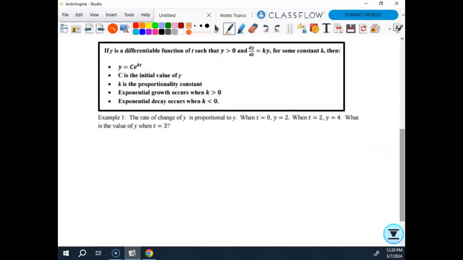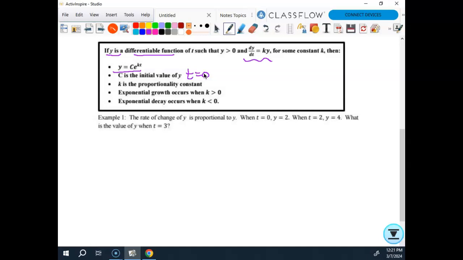If y is a differentiable function such that dy/dt equals k times y, for some constant k, then we get this, which is what we just came up with. Which means that c is the initial value of y. So let's think about that. If t equals 0, if I substitute 0 in here for t, that makes my exponent 0, which makes e to the 0 equal 1, so then you just get y equals c.